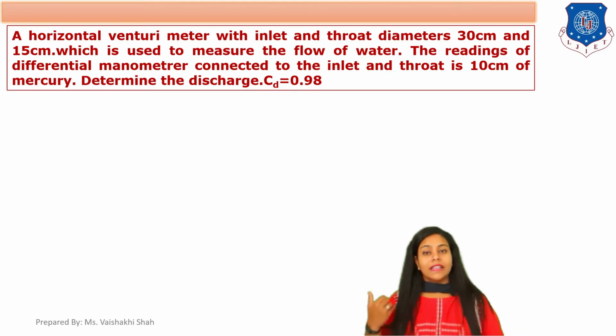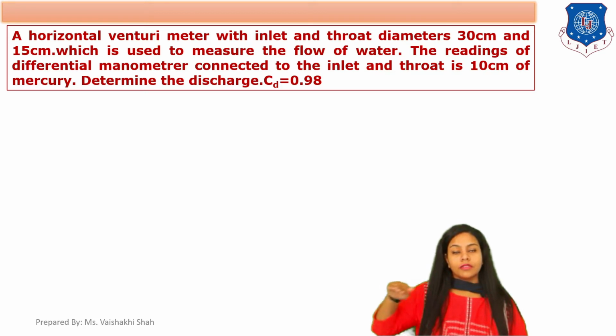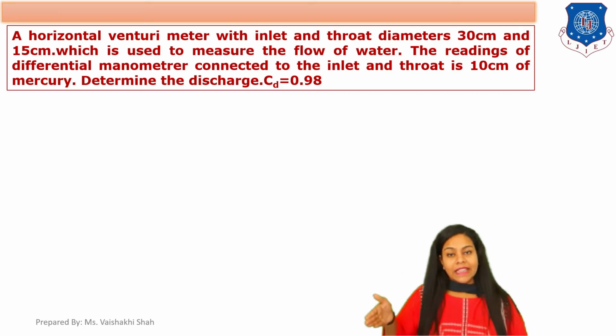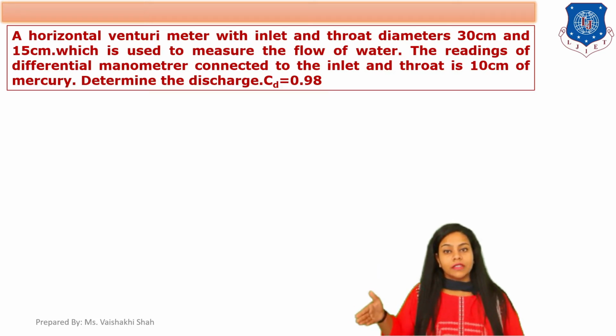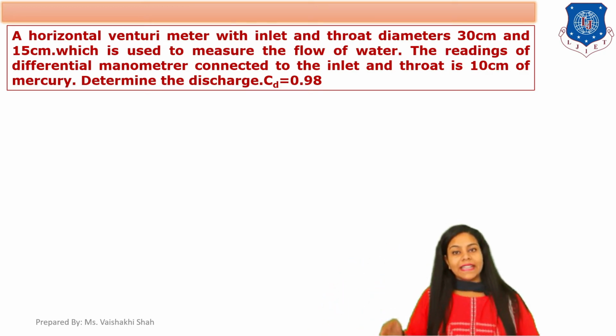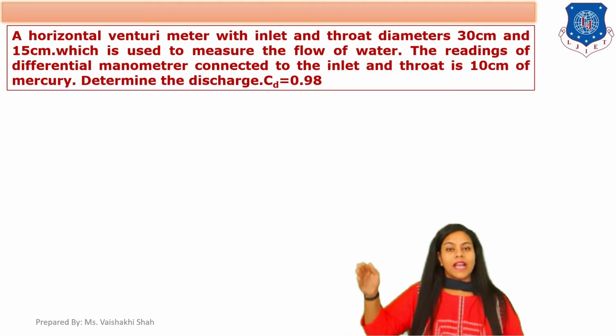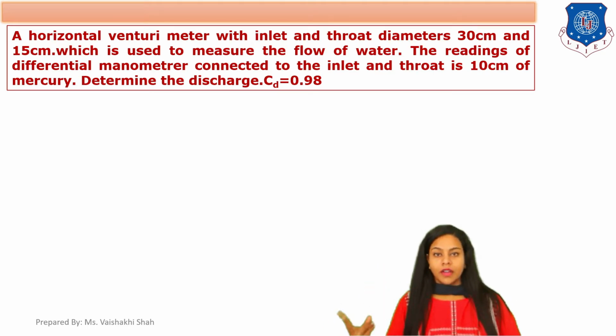First of all, in this data, a horizontal Venturimeter is given. So Venturimeter is placed horizontally, where inlet is your section 1 and throat is your section 2. So inlet diameter is 30 cm, that is diameter at section 1, and throat diameter, that is diameter at section 2, is 15 cm.